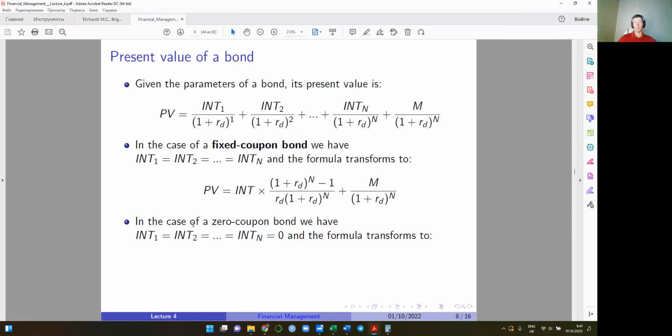Now, if there is a zero coupon bond, which means that coupon payments are zero, the formula transforms to the simplest possible case. These terms are zero, and we are left only with the principal, which must be discounted. That's why this bond is called a discount bond, because the price you pay is always less than principal. This is the only case where you can get some profit from this bond.